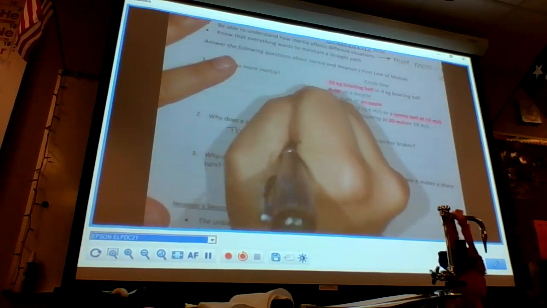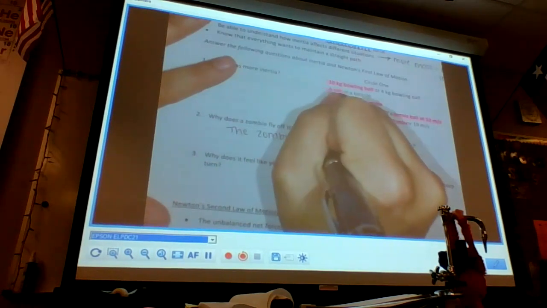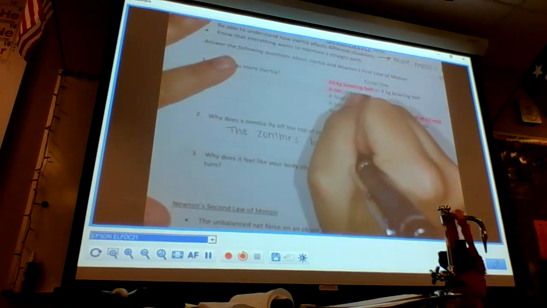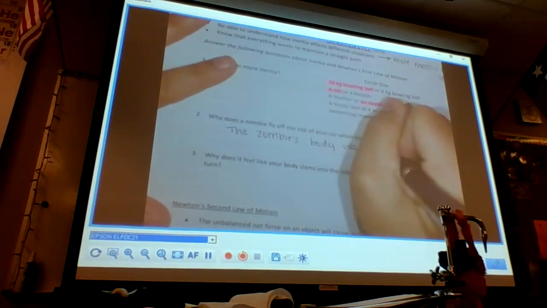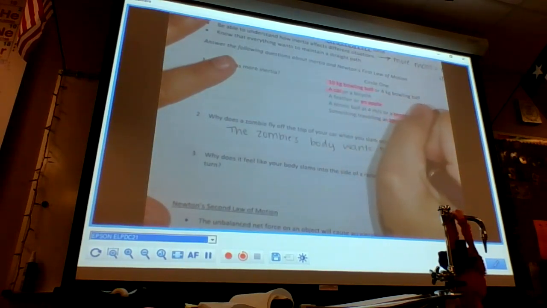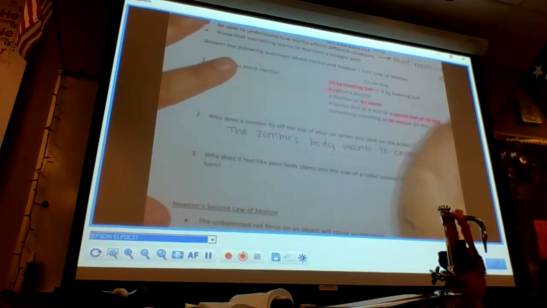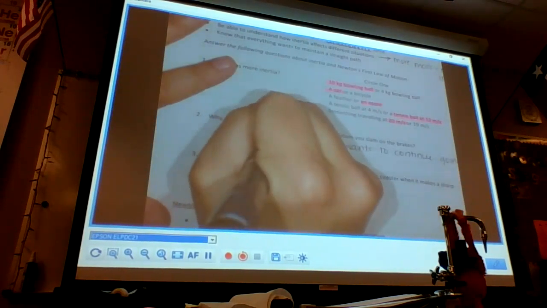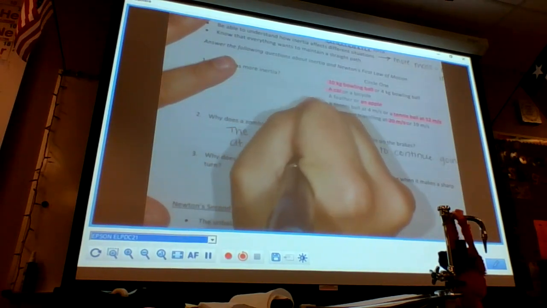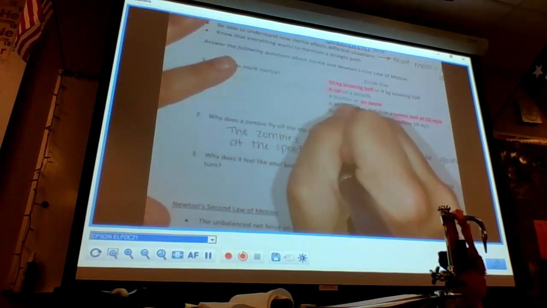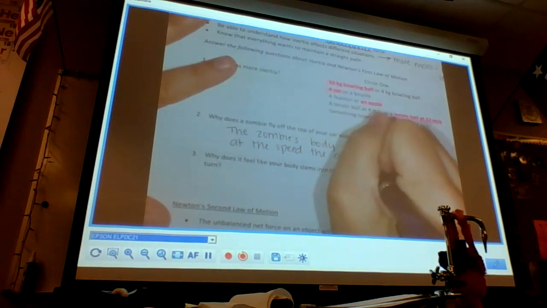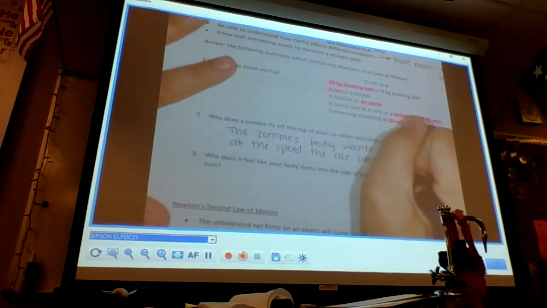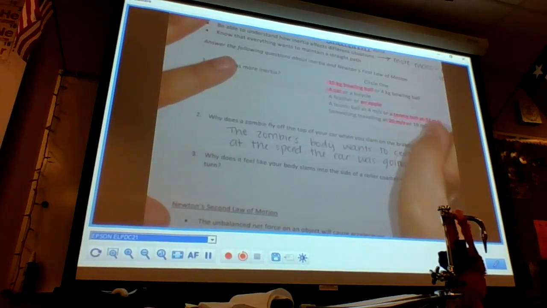We're going to say the zombie's body wants to continue going at the speed the car was going due to inertia.